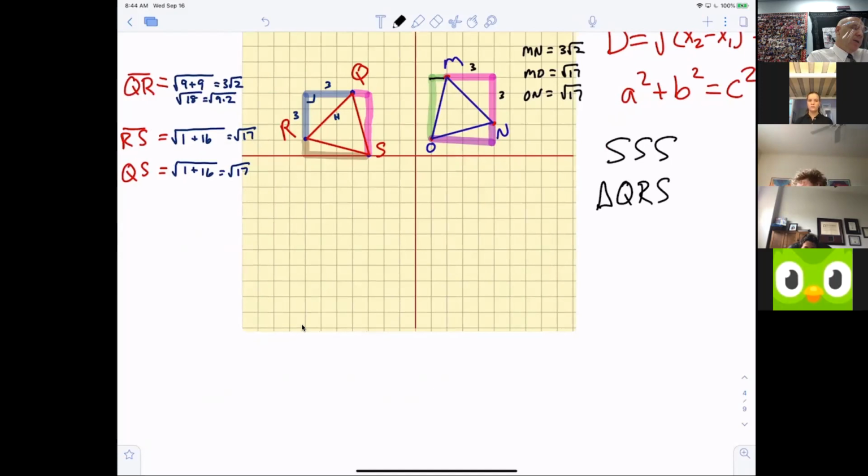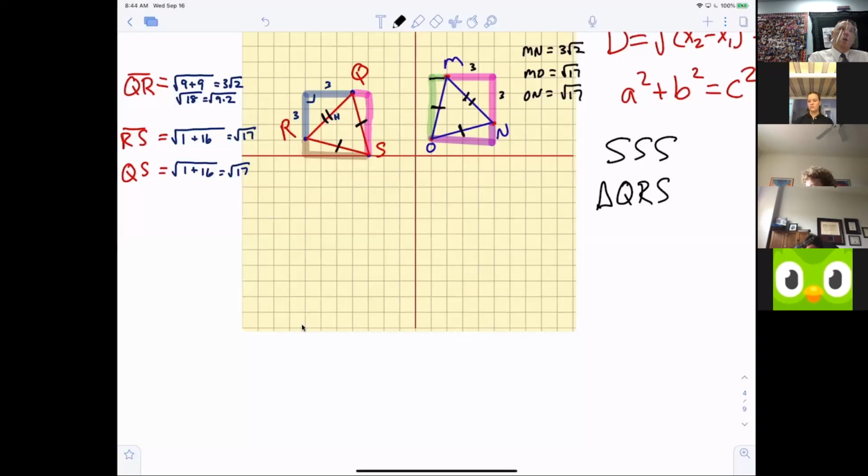Wow, so this is really an isosceles triangle. Does everybody agree with that? So MO and ON are equal, right? And over here, which one is 3 radical 2? QR, right? So that would be 2 tick marks.